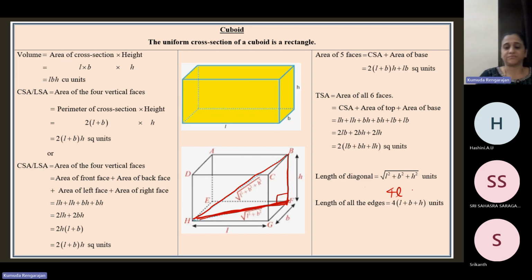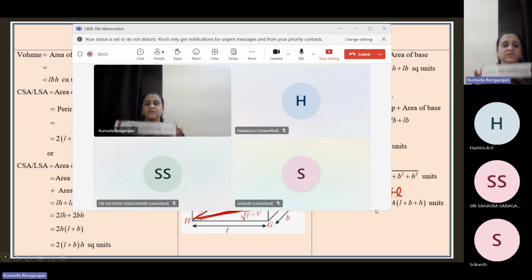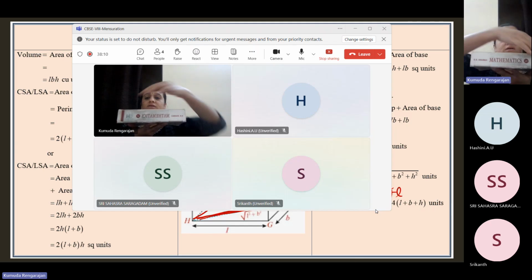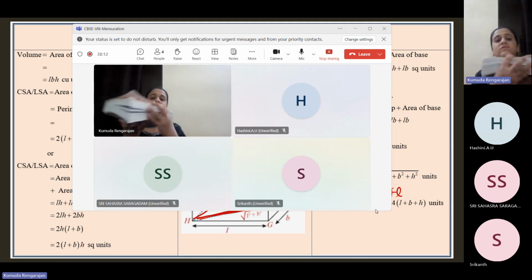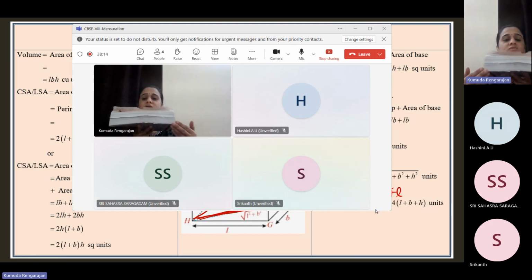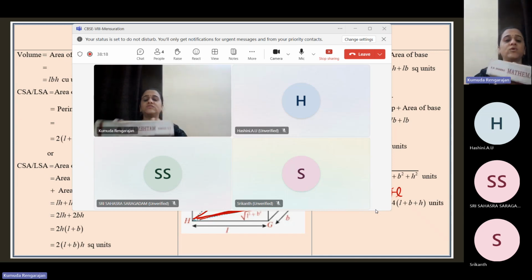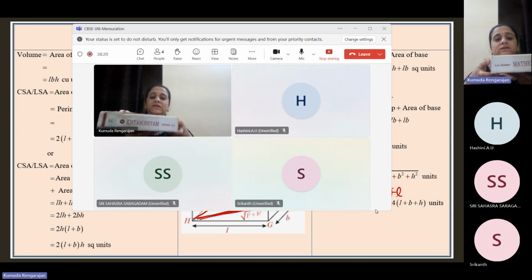Now in this book, this is the length. Similarly, behind we have length and length. So how many lengths? 4. The length of these 4 edges is 4L. Now B, breadth.